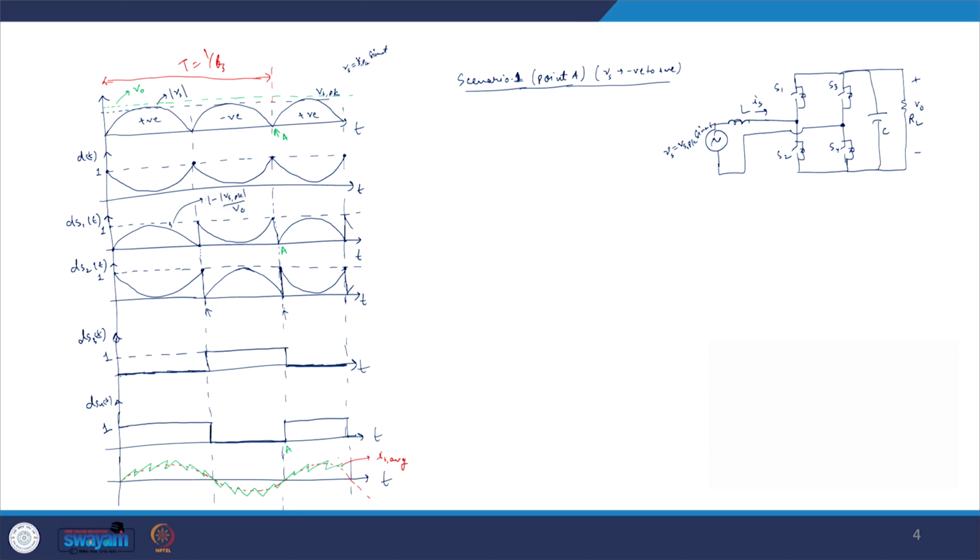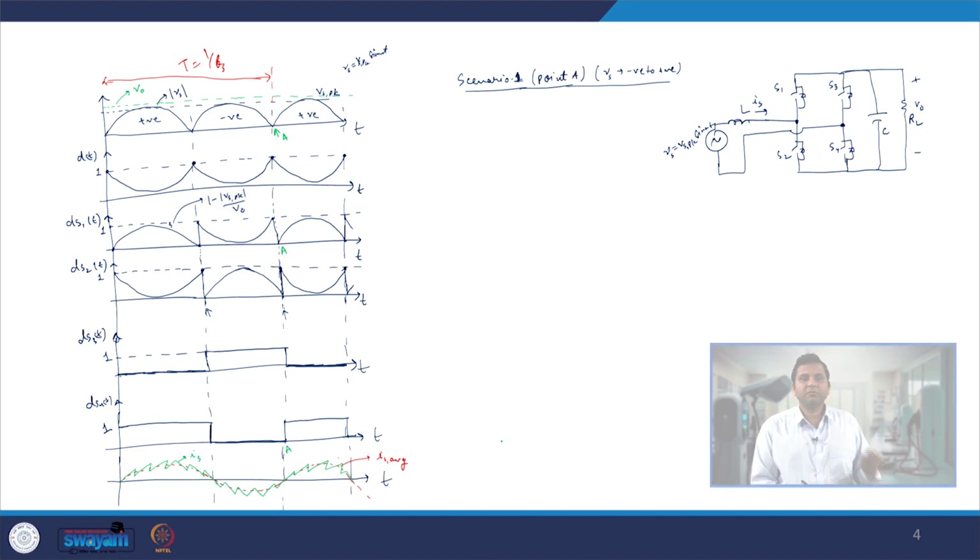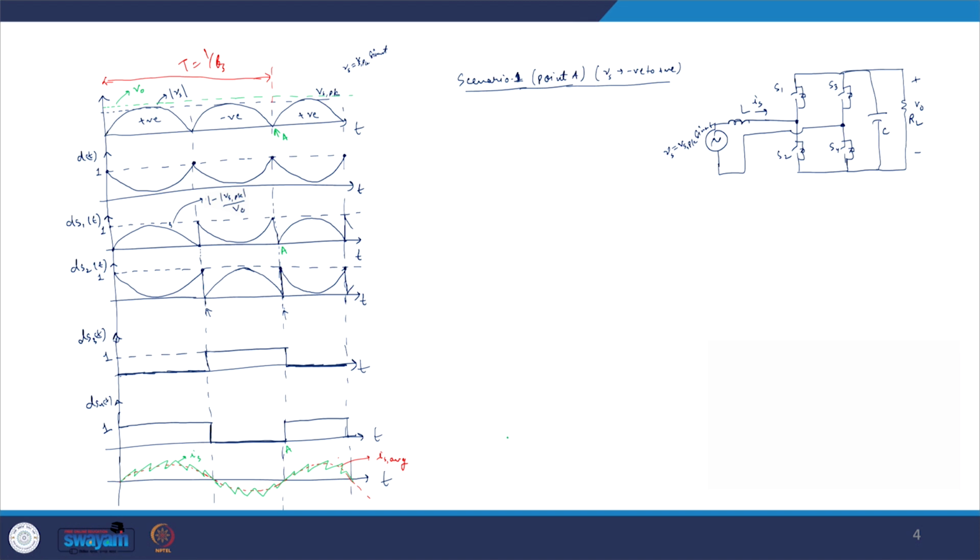Again I am drawing it in this fashion, exaggerating the ripple just for your understanding, since the ripple duration is very small. So this is my Is actual current, which will have the line frequency component and a ripple component riding over that.